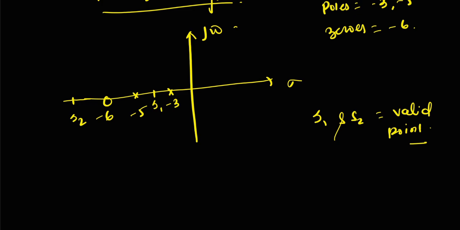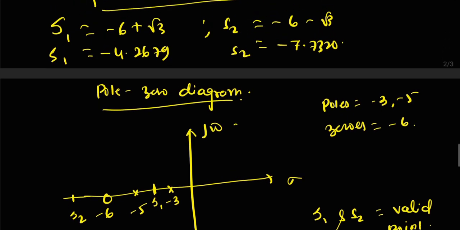In the case of direct root locus, the condition for a valid point is odd positions, and in the complementary root locus even positions are valid. Here S1 is after one pole, so that is an odd position, and here also 1, 2, 3, poles and zeros both considered, and the position is on the odd side.